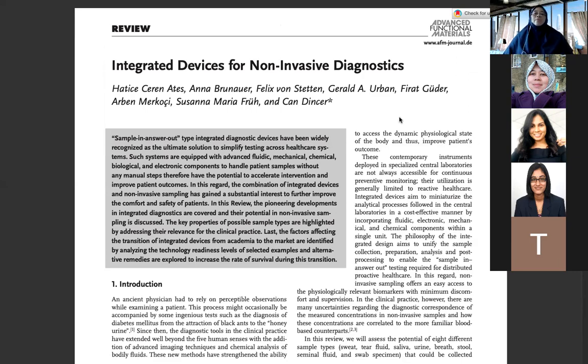Non-invasive means you don't have to withdraw blood or take samples from the nose or throat. For example, the smartwatch that you wear and can detect your vitals.